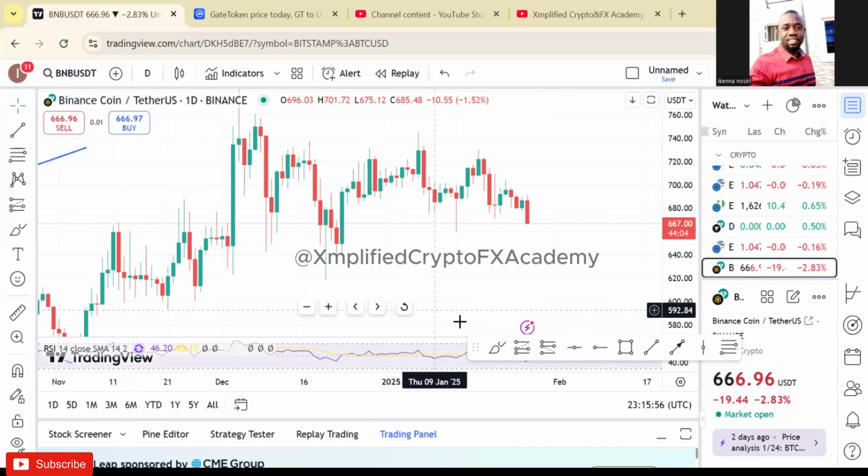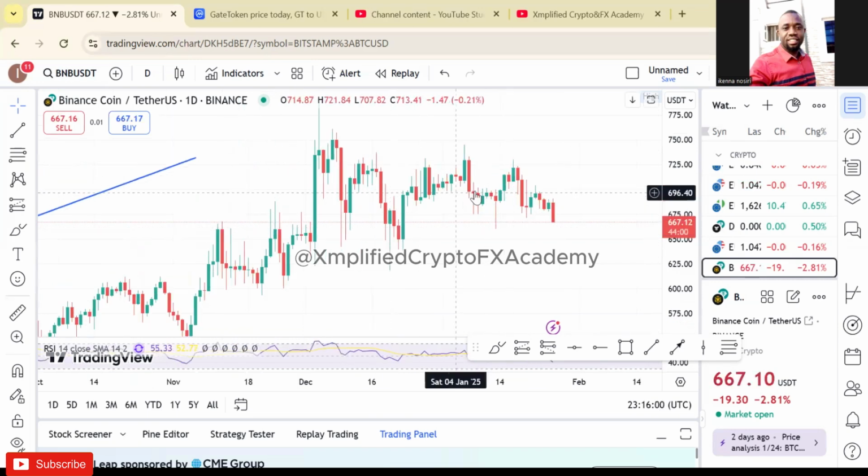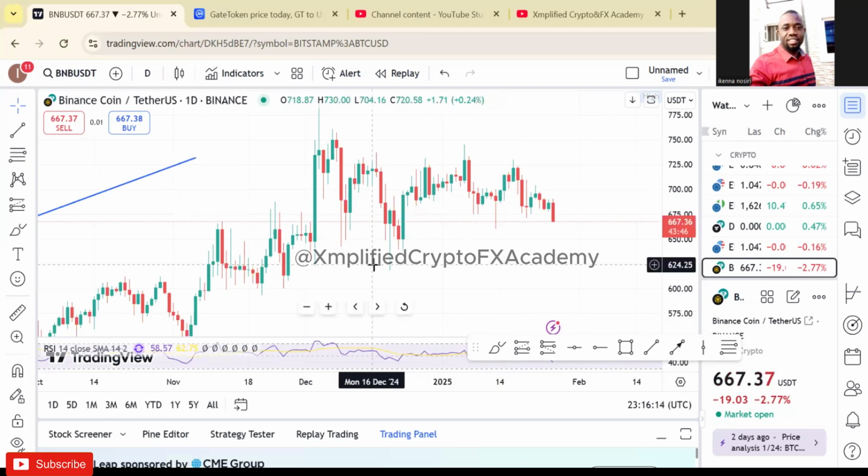You make use of chart patterns, technical charts like this. All this is called charts. You make use of historical price actions of any currency. This combination of candles is called price actions. So you make use of these price actions to predict the future of any particular coin you are analyzing.